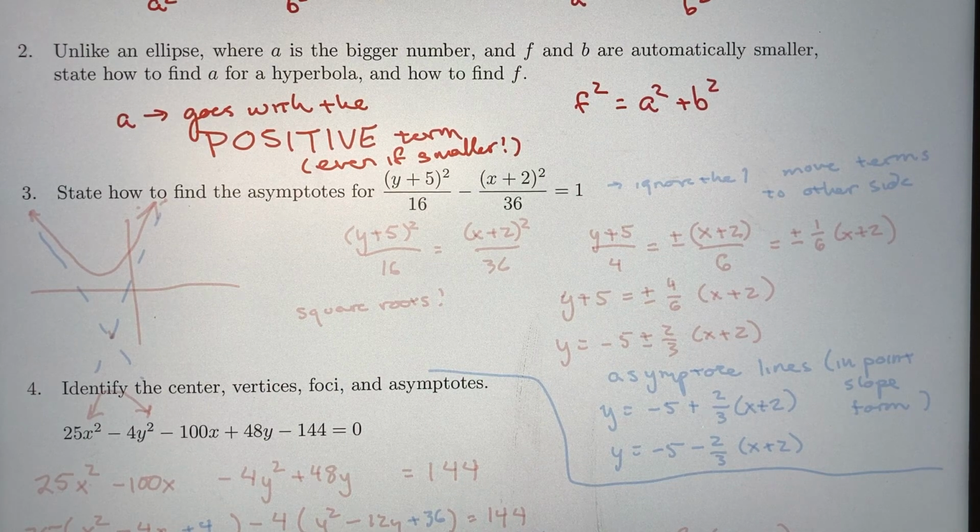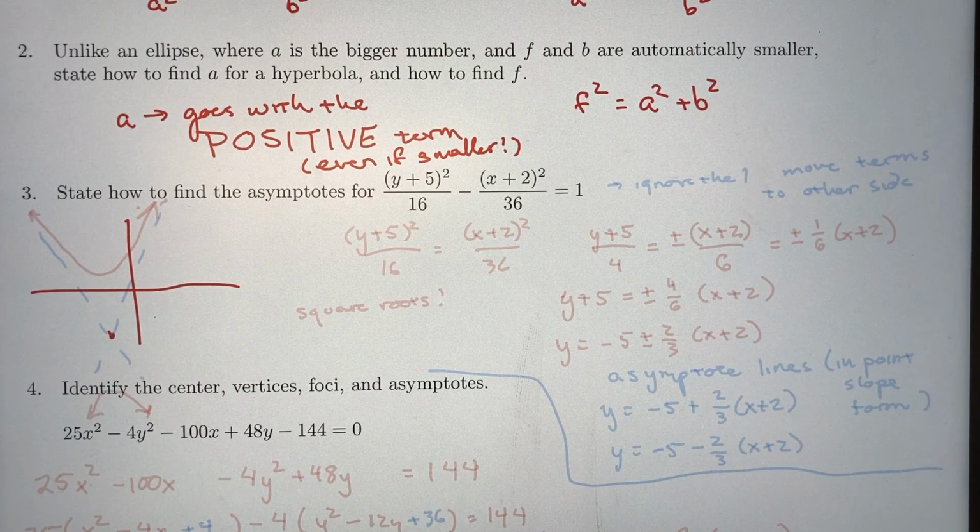Okay, so the asymptotes are the guiding lines, and that is something we need to talk about during class. But the guiding lines are the lines that the hyperbola, so this hyperbola, let's see, negative 5, negative 2, negative 2, negative 5, and then it opens up and down.